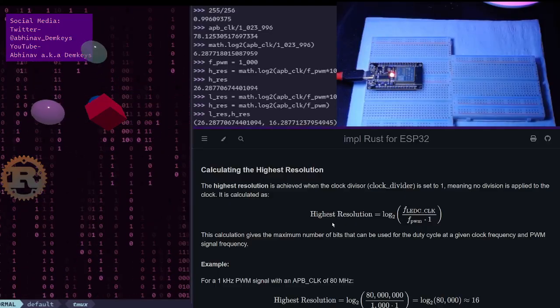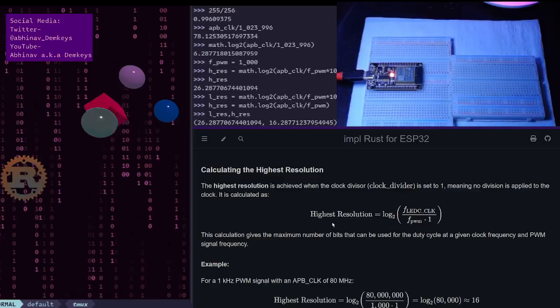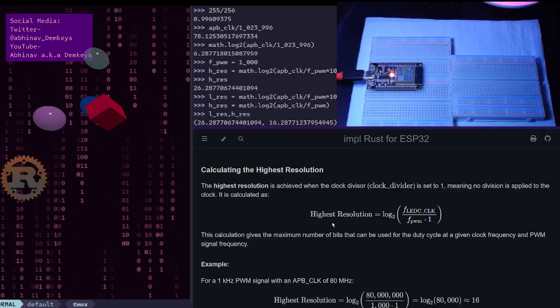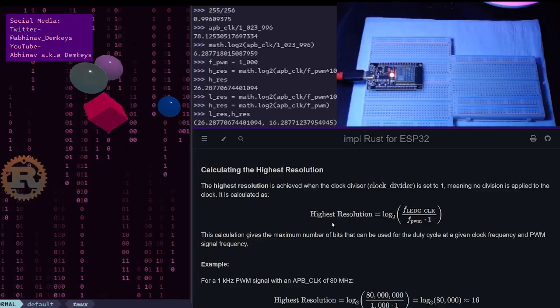Let me, oh wait, no. Here is the formula for the lowest resolution.